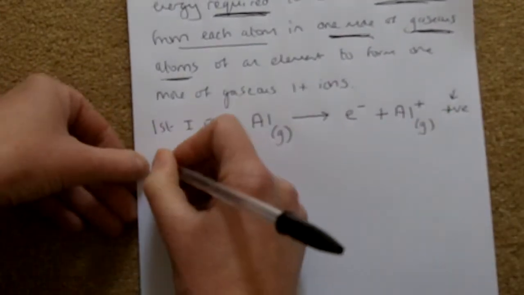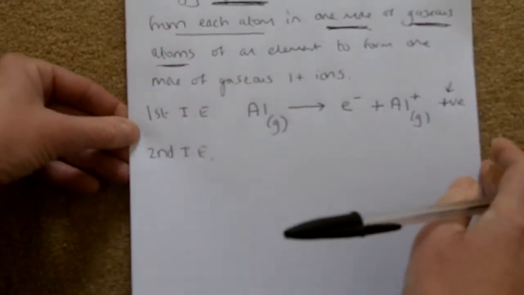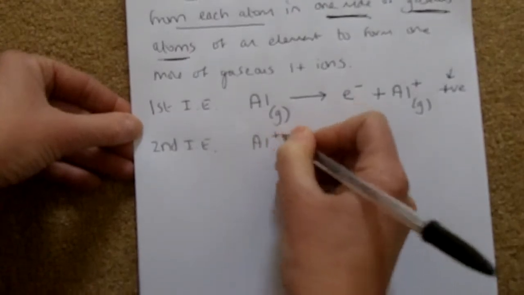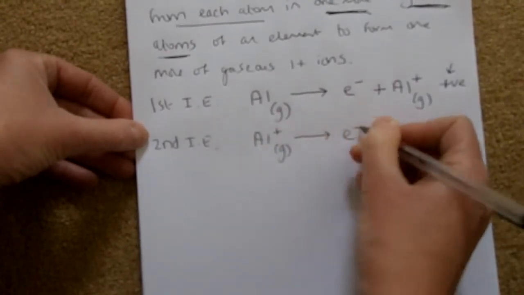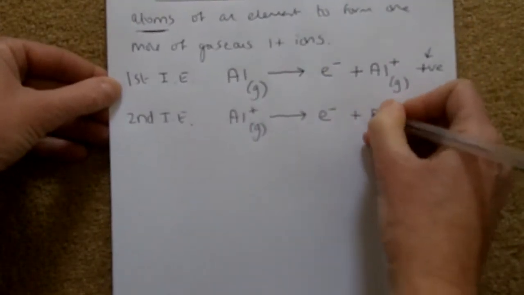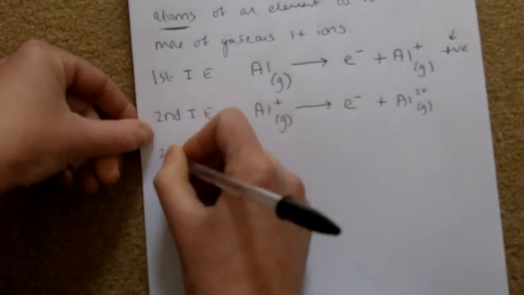And then you could do it again, and that's called the second ionization energy. So if you remove a second electron, you take the positive ion in the gaseous state and remove a second electron, and now you're going to be left with aluminium 2+, and this can happen again.